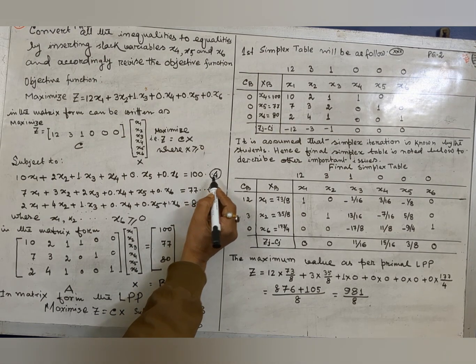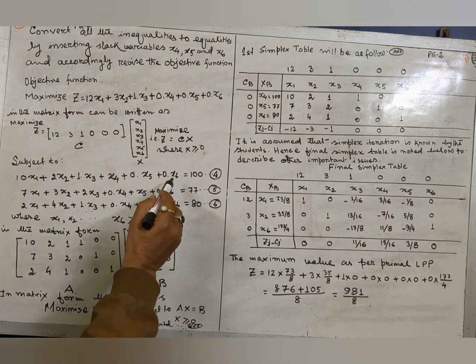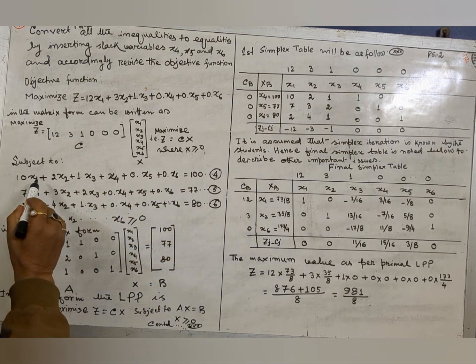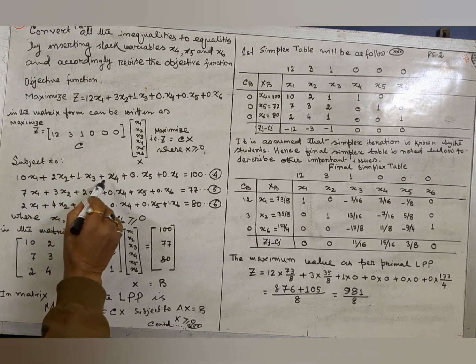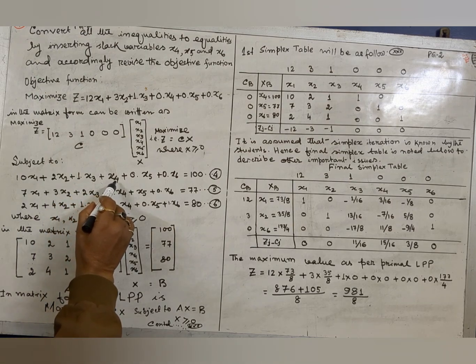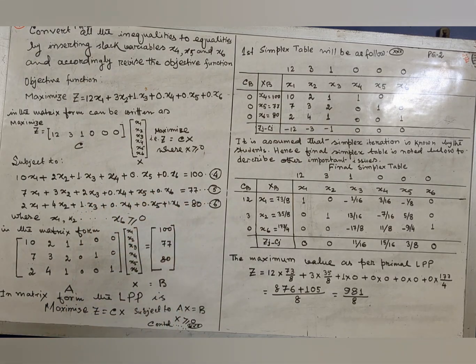Now first I am showing the constraints. The first will be written as 10x1 plus x2 plus 1 into x3 plus the slack variable x4 is equal to 100.